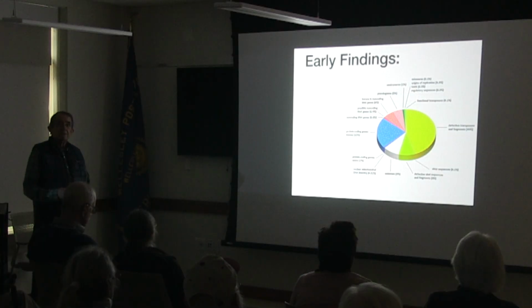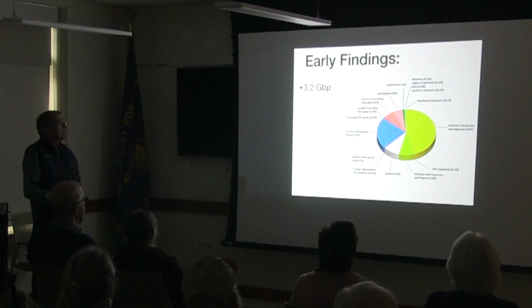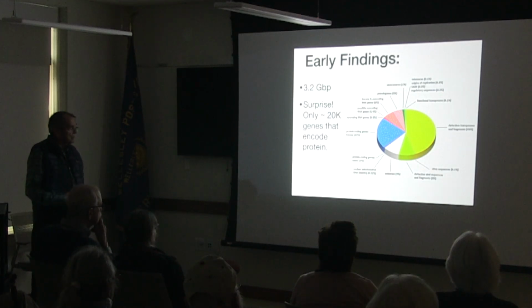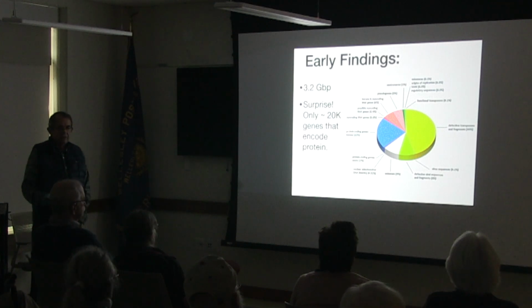So, a little bit about the early findings. The biggest surprise from the whole thing: 3.2 billion base pairs, giga base pairs, and only 20,000 genes that make protein are found in that mass of DNA.